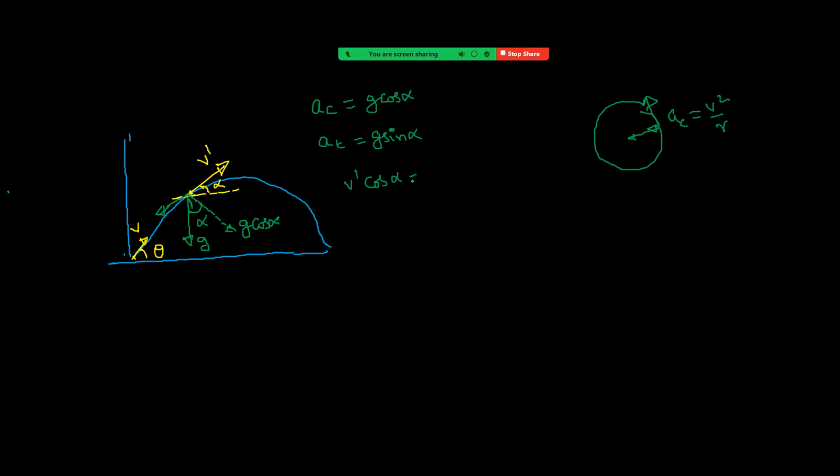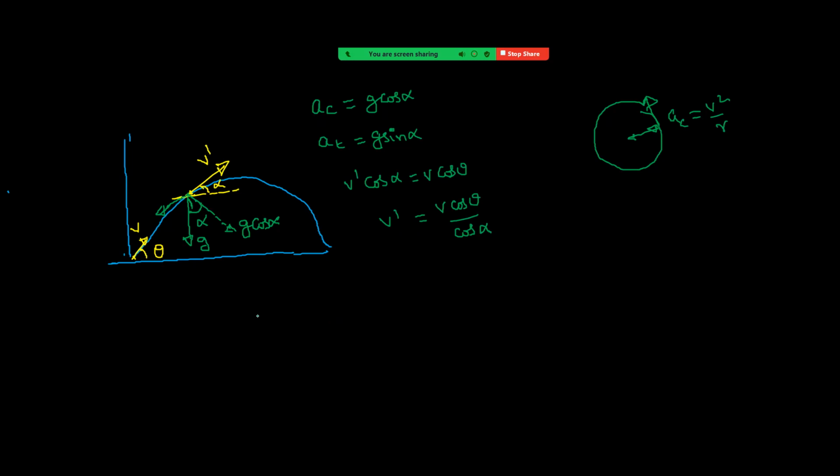This is horizontal component that should be equal to v cos theta. So from this we get the value of v dash, that is v cos theta upon cos alpha. Now we got AC value and we got v dash value.